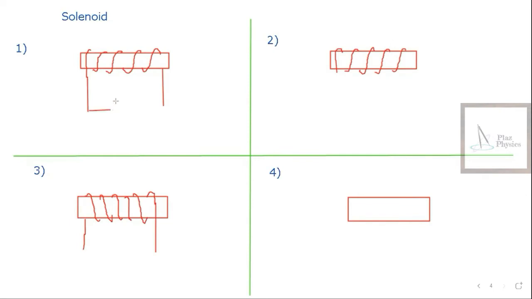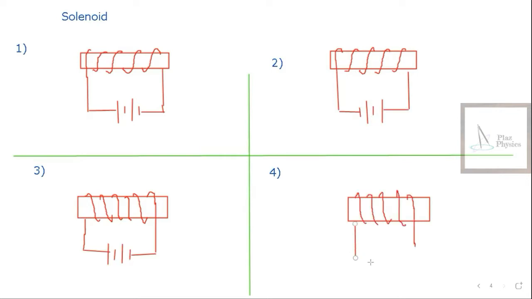This one, positive here, negative here. Then now change to negative, positive, negative, positive. Be careful how the wire turns. It affects your result. And then this one also uses the right hand grip rule.